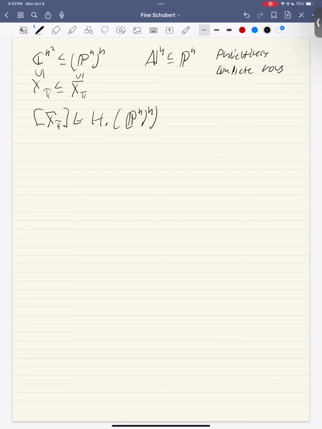So I get some class in the homology of (P^n)^n. And what's true is that the homology class, basically because X_pi is cut out by appropriately homogeneous equations.